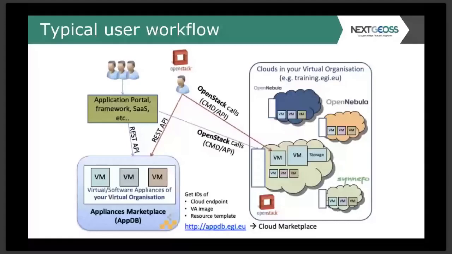The AppDB API returns the necessary information of the cloud endpoints and provides virtual machine templates that the users can then deploy in the Fed Cloud. And the user can do this either through his preferred tools, such as Terraform, or less advanced users may do this through a portal where we built a wizard-like dashboard that allows users to deploy resources in a point-and-click kind of fashion.